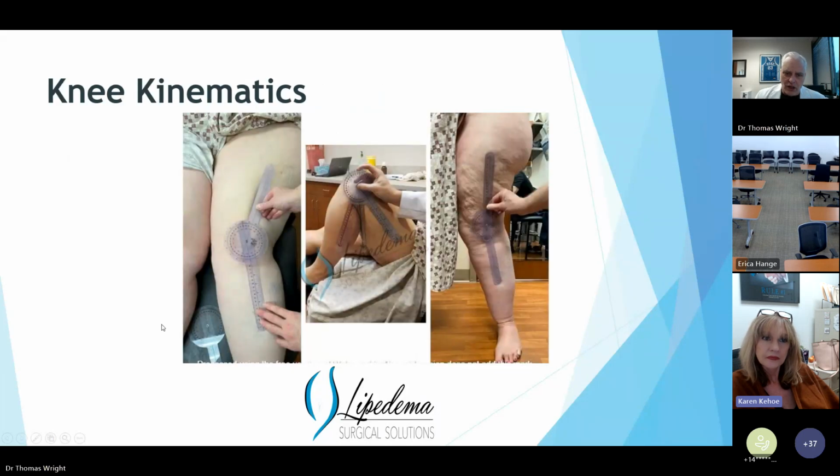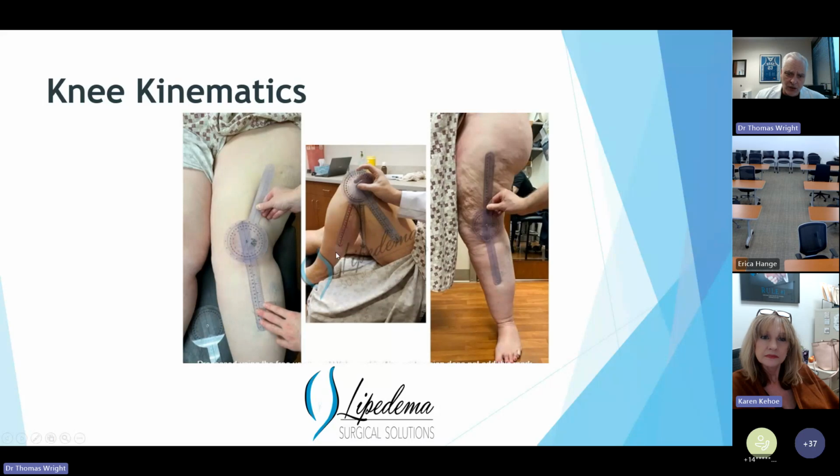So I know there's a lot of orthopedic folks here who are familiar with the orthopedic measurements. We check for Q angle and then knee flexion. And you can see here, this is a lady with lipedema, and just the bulk of the lipedema tissue is preventing full knee flexion. So this is a long arm goniometer.